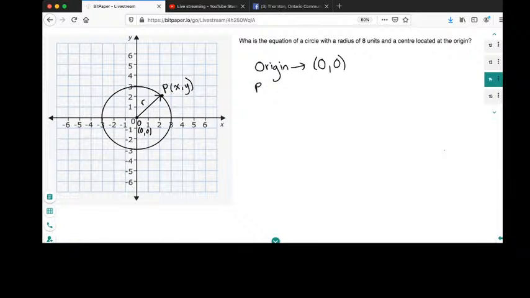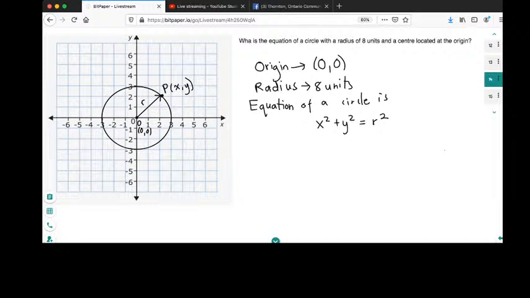Sometimes I'm just a fan of rewriting all the main stuff from the question. So, 8 units. And what is our formula? The equation of a circle is x squared plus y squared equals r squared.